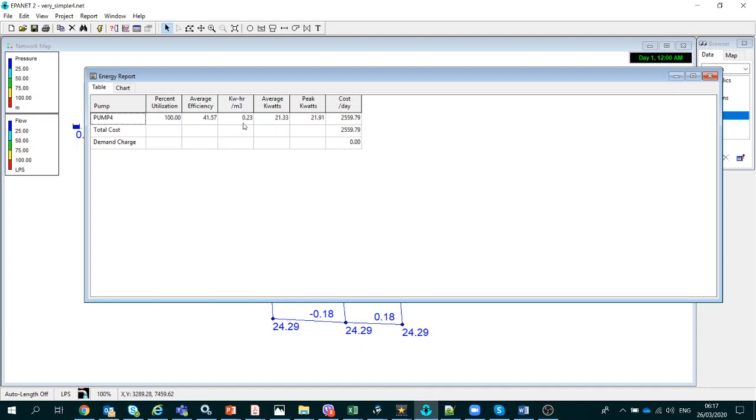Then kilowatt hours used per cubic meter of water, average kilowatts used by the pump, peak kilowatts, the most energy the pump has used, and then the cost per day. These are useful information, especially if you are dealing with the energy situation of a network. Okay, that is it for this video. Thank you.